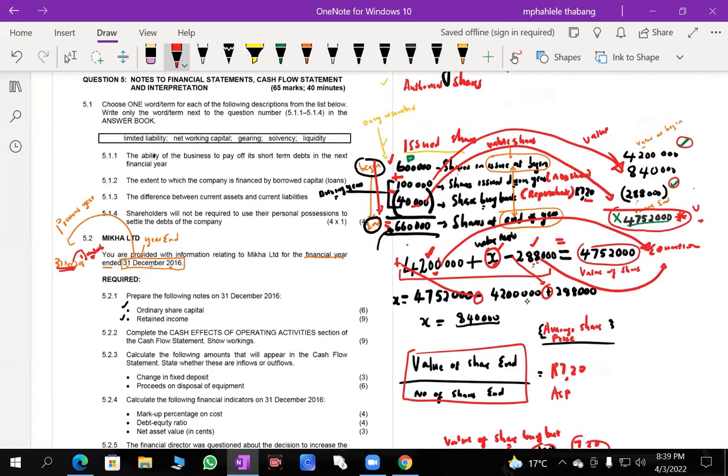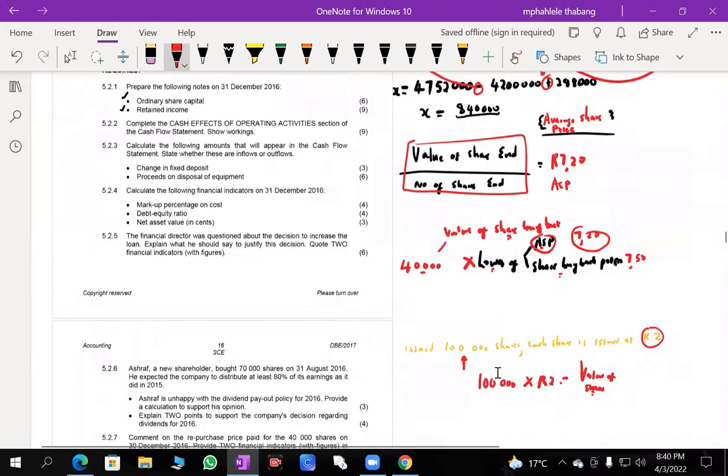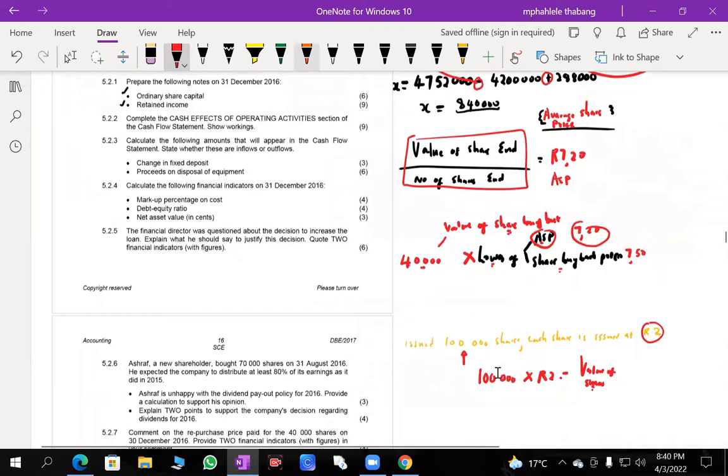Sometimes I calculate or recalculate the share average price. This share buyback price, 750.